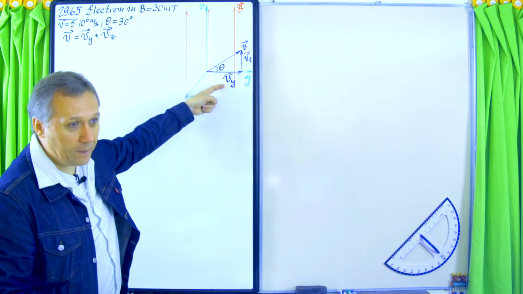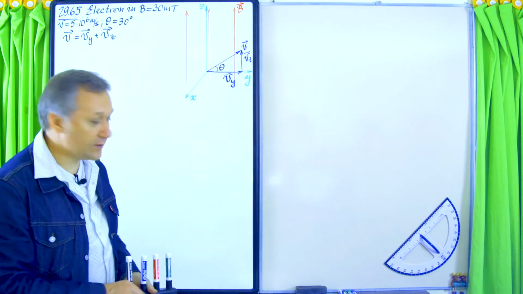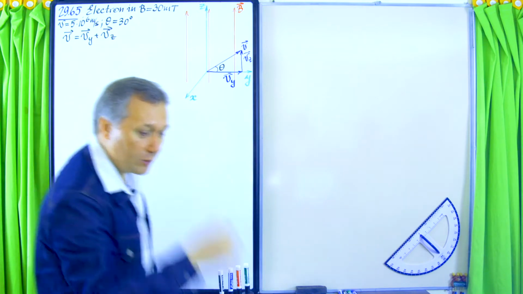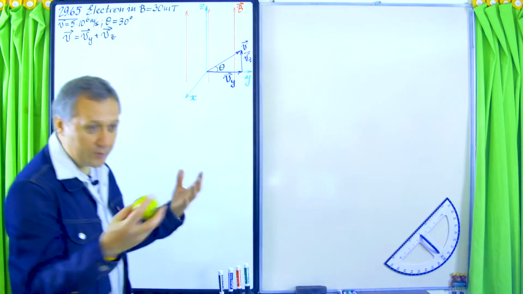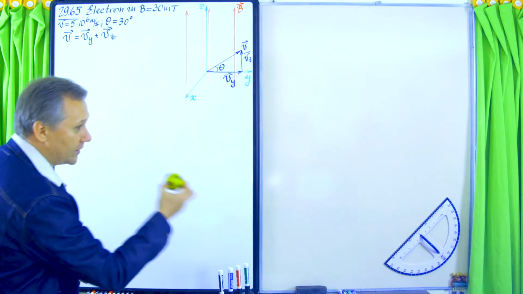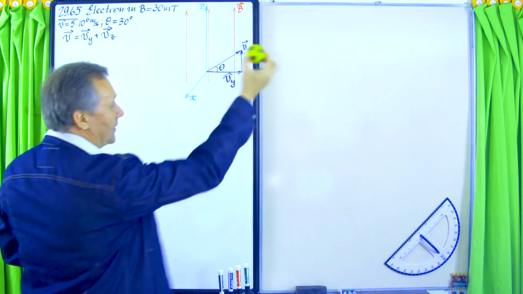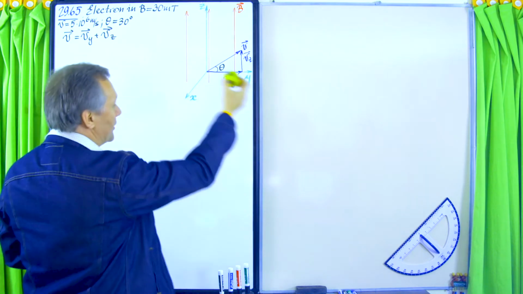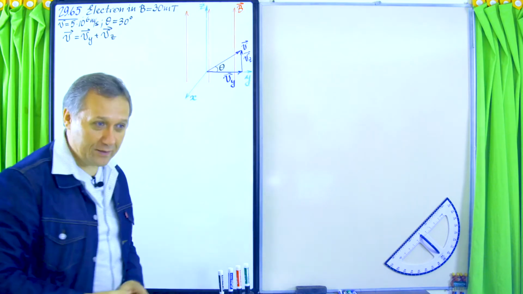But V sub y, since it is perpendicular to the magnetic field lines, is going to give us cyclotron motion, circular motion. So now if you superimpose these two motions like we did yesterday, we're going to get helical motion. Circles with displacement, circles with displacement, circle with displacement. So helical motion.